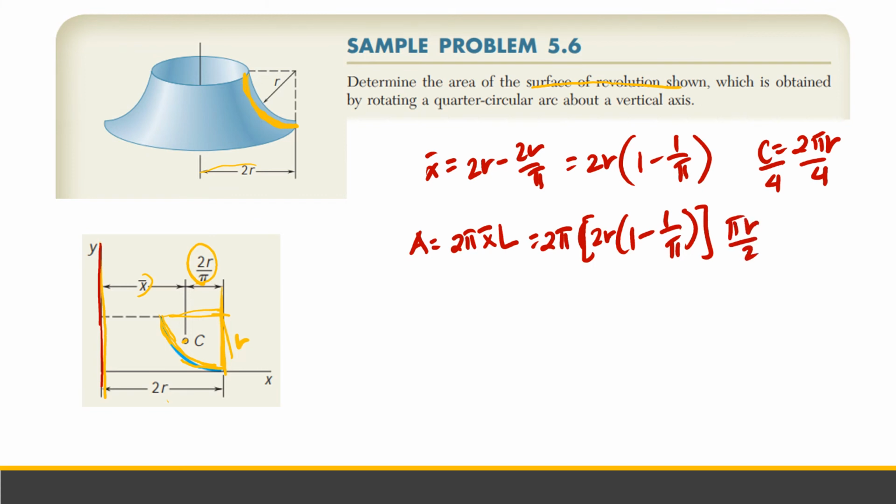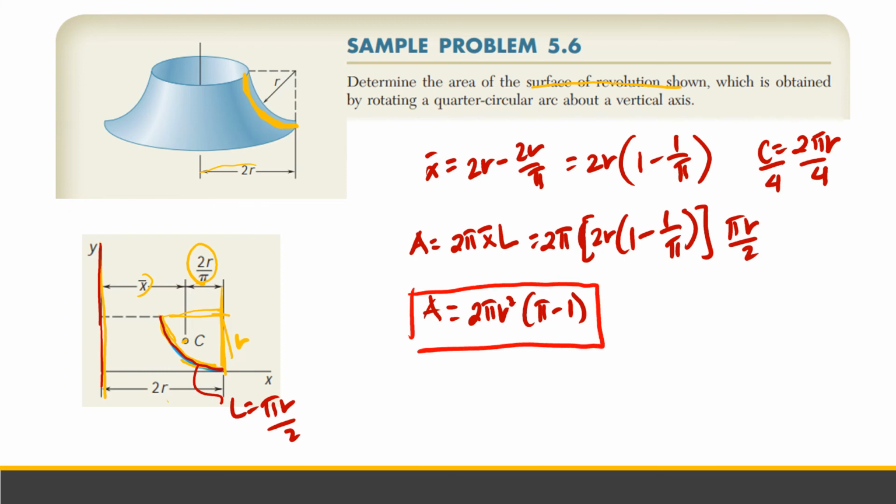That is the length of the quarter circle, pi r over 2. If we simplify this equation, we will get 2 pi r squared times pi minus 1. This is our area, the area of the surface of revolution.